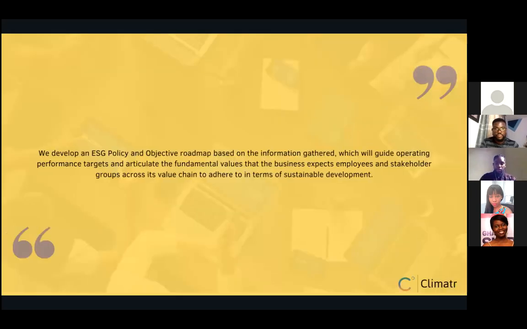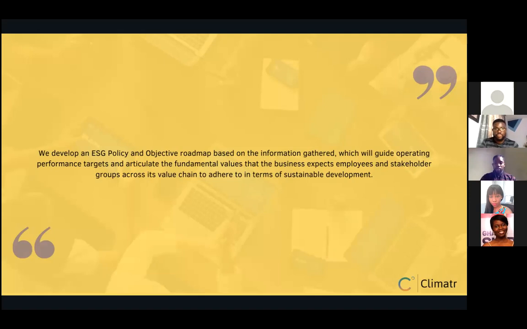This is very important because as a business at this point, you must have understood and seen the different risk factors that are applicable to your business. And it makes sense to begin to do something about those risk factors.